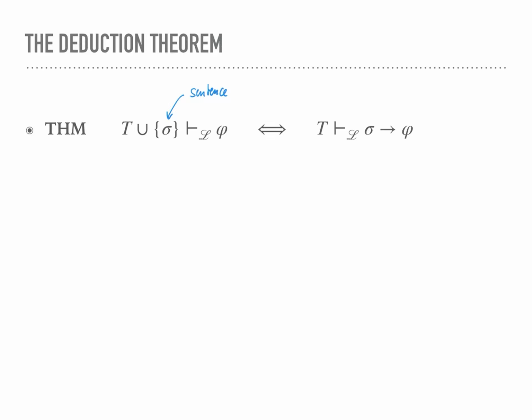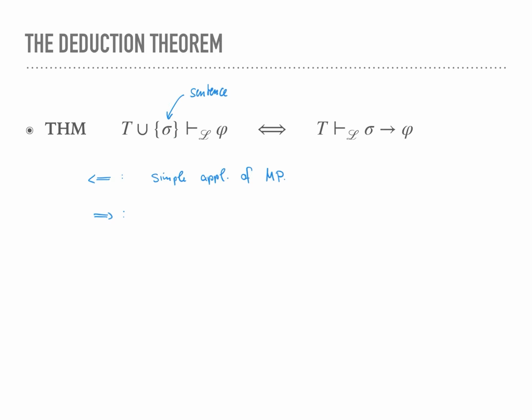Regarding the proof of the deduction theorem, note that one direction is not very hard. This is pretty much a single simple application of modus ponens. The harder direction is the one that we needed in the previous theorem, namely to go from here to here.